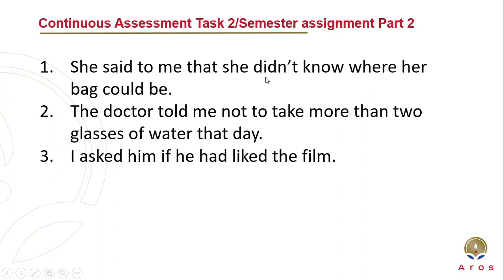Number 2, the doctor told me not to take more than 2 glasses of water that day. Okay? Definitely indirect speech. The doctor told me, okay, dubbelpunt of comma, open inverted commas, do not take more than 2 glasses of water.